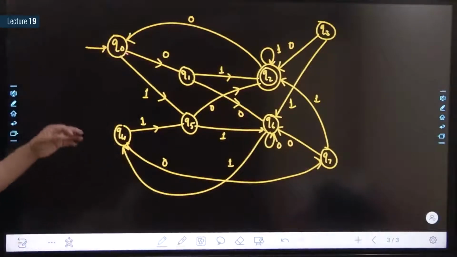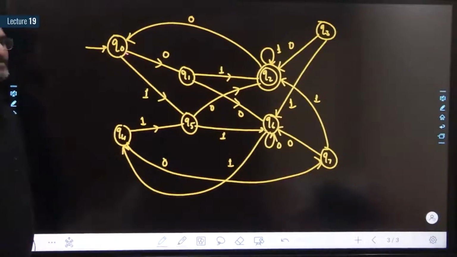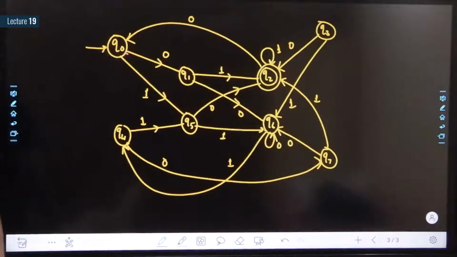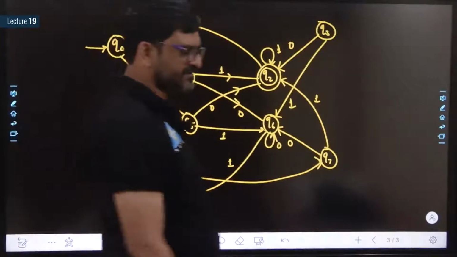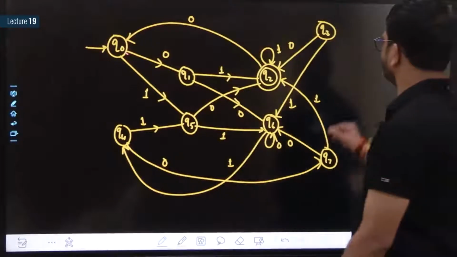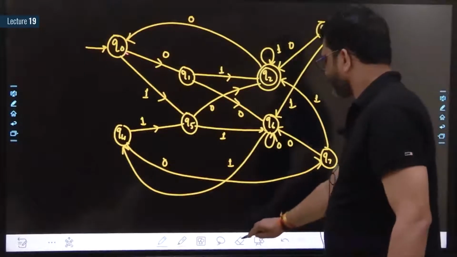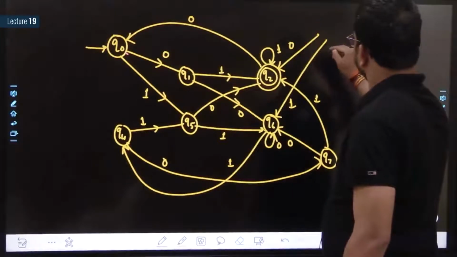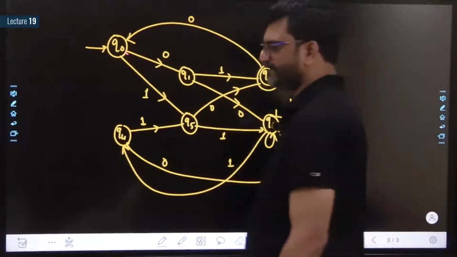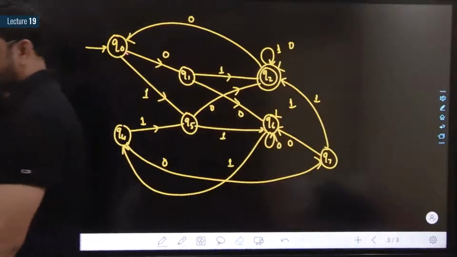A path exists between Q0 and Q7, but there is no path between Q0 and Q3. It means Q3 is an unreachable state. Delete Q3 and the corresponding transitions defined between them. Clear?